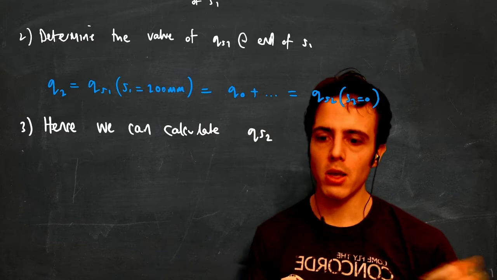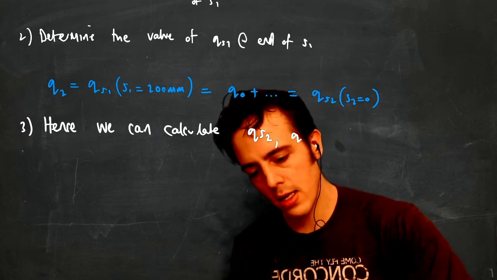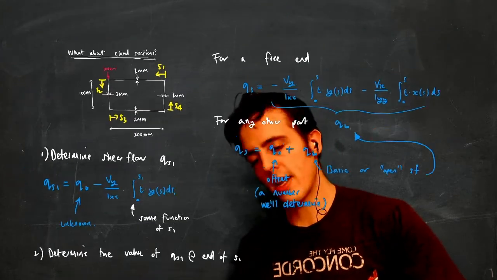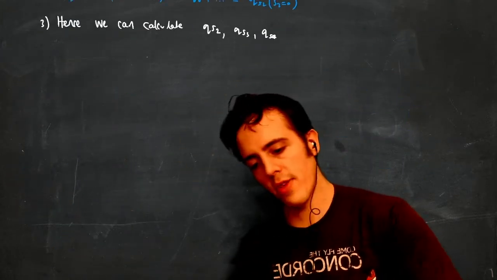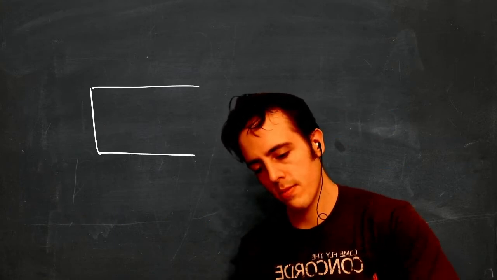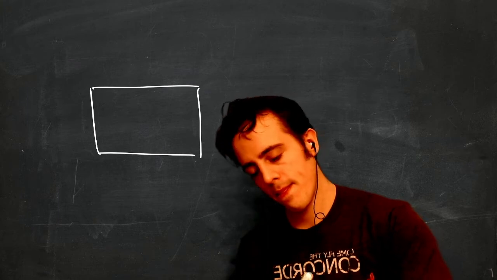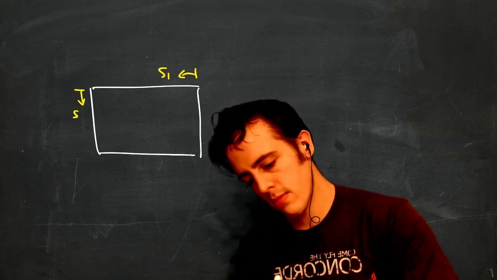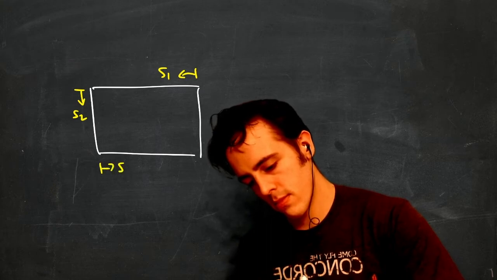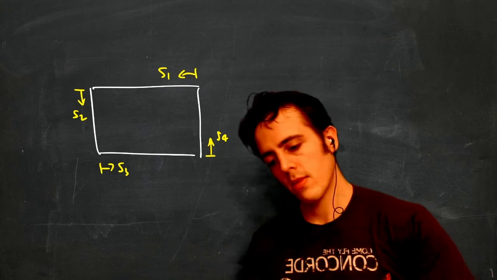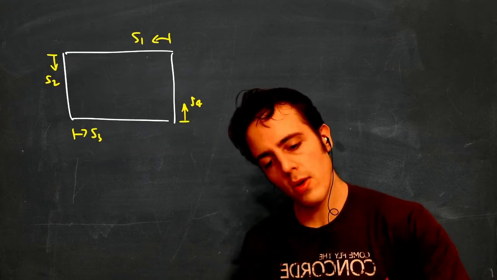And if we can calculate Qs2, we can calculate Qs3 and Qs4. So we'd end up with this shape, and we would have all of these.